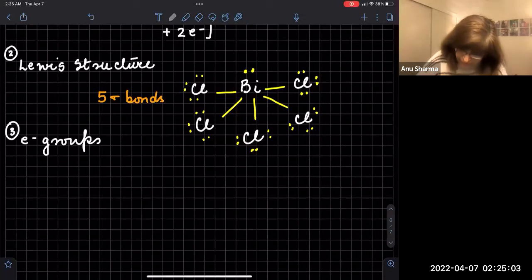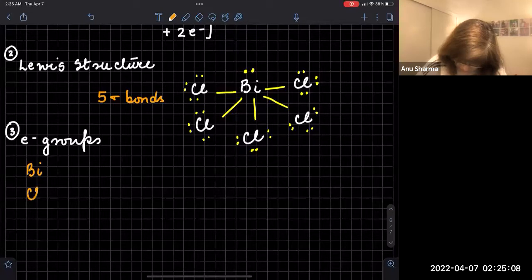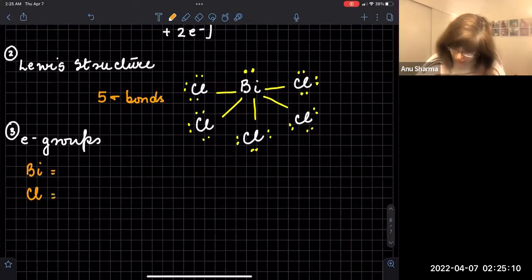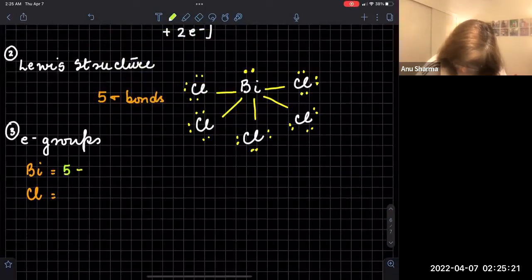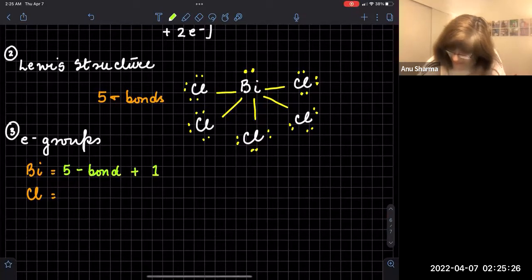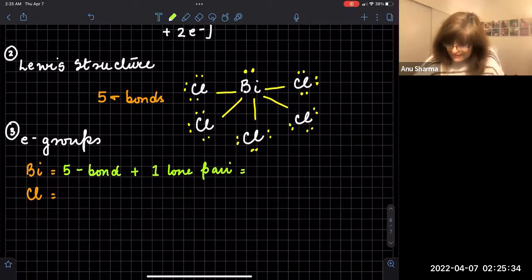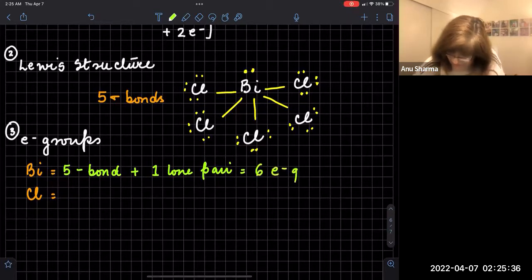So how many electron groups are there on bismuth and on each of the chlorines? On bismuth, there are 5 single bonds plus 1 lone pair. That makes 6 electron groups on bismuth.